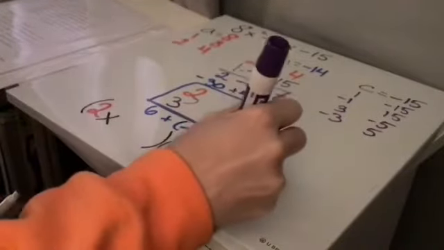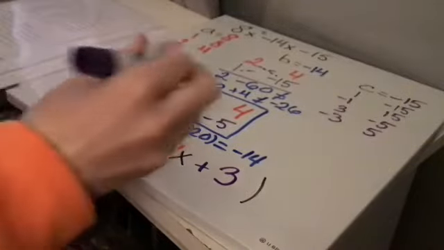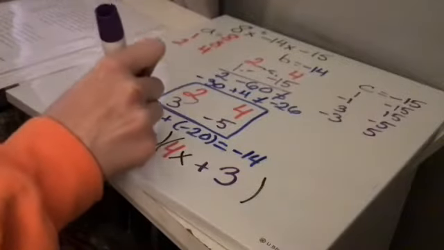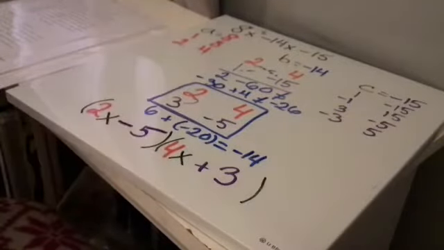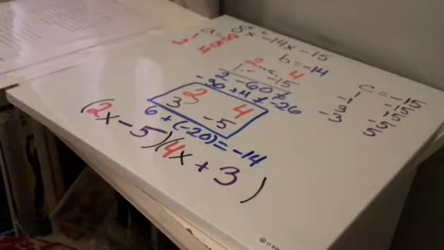So if I have 2x here, the positive 3 goes in the opposite set of parentheses, okay? And the negative 5 got multiplied by 4, so they go in opposite parentheses. So I get 2x minus 5 times 4x plus 3. Okay?